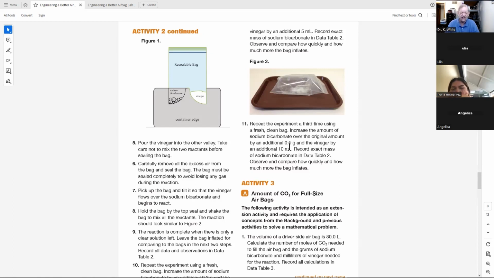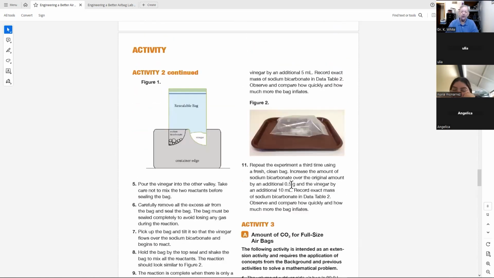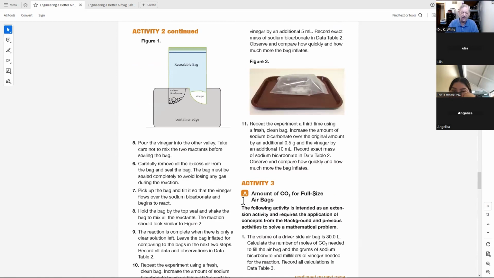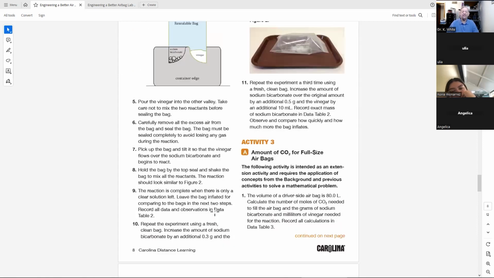And the third one, you started with 5, then you'll add 15. So you're adding each time 5 and then 10 milliliters to the original amount. Now you'll have 3 bags and look at those and decide which one's the most filled or inflated.